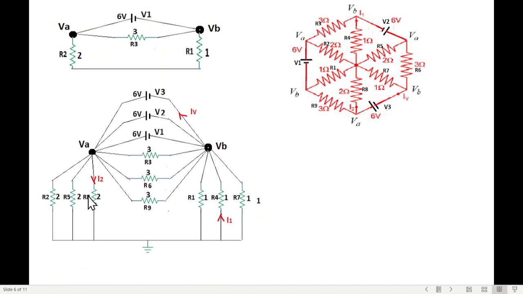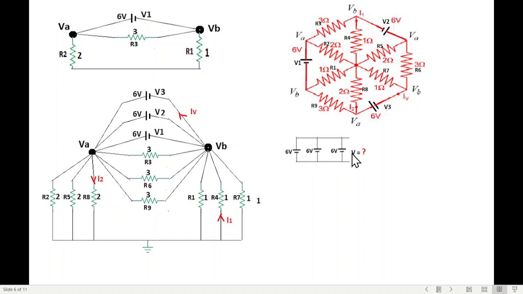Okay, and in that particularly we have to find this current I2, this current I1, and the current through the battery IV. One point to keep in mind is that whenever we connect more than one battery in parallel, the voltage remains the same.